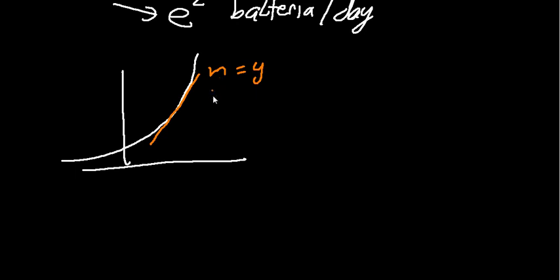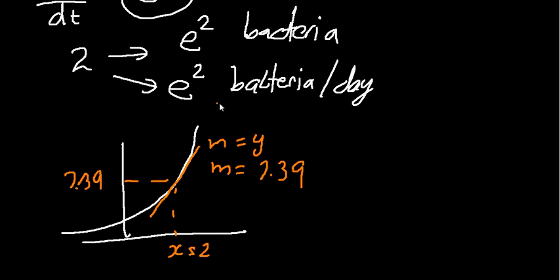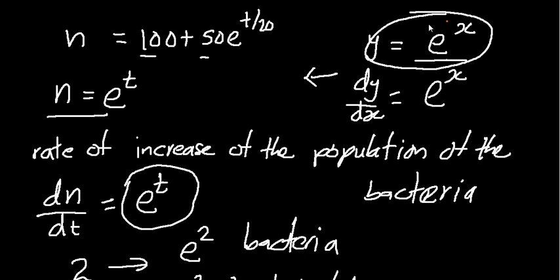So let's say the gradient at x equal to 2 is 7.39, and the y coordinate is also 7.39. So there will be 7.39 bacteria on that day, plus the rate of increase of bacteria is also 7.39. So that's why this value of e comes in handy.